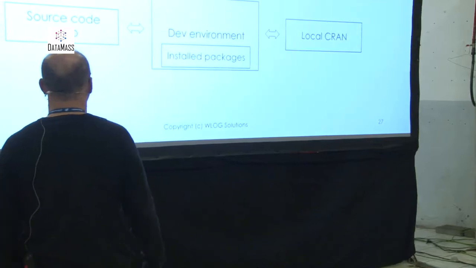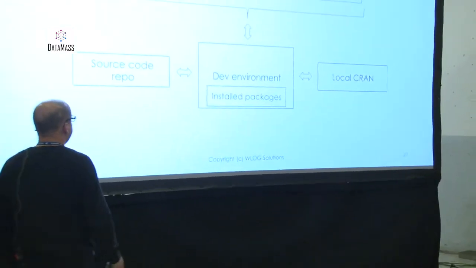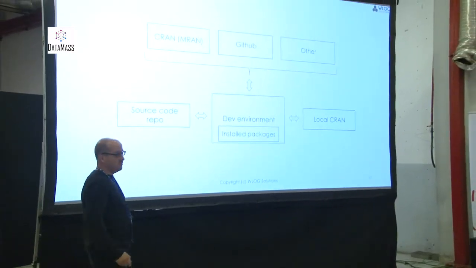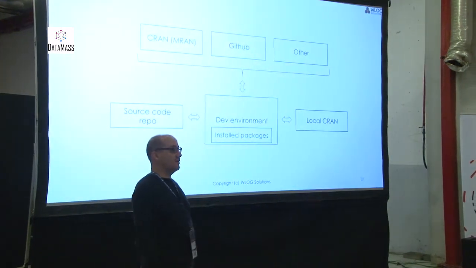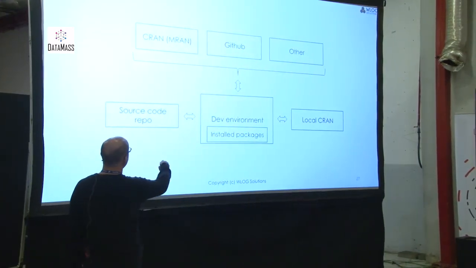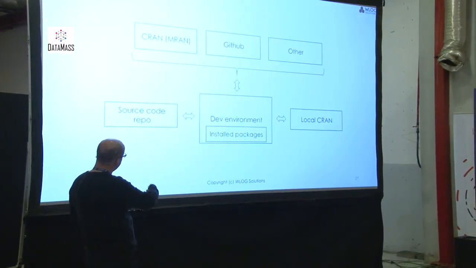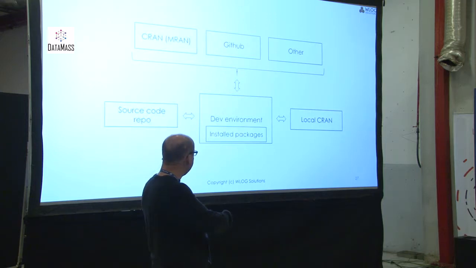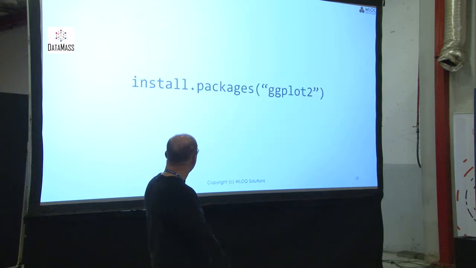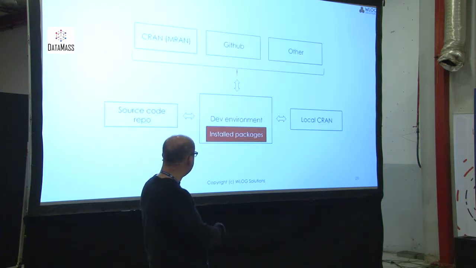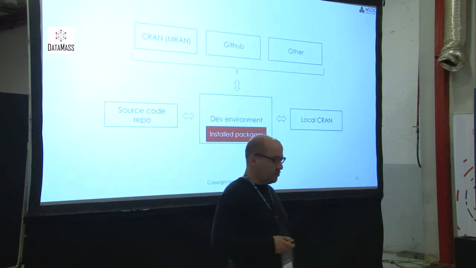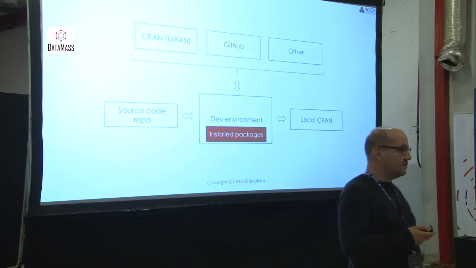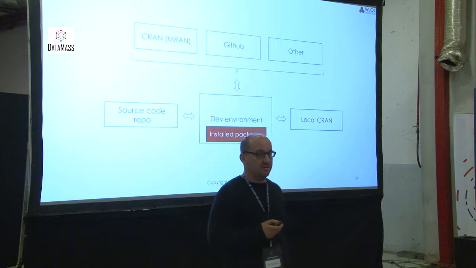Okay, so this is how a development environment looks in R. You have the sources of packages, your code, the environment, probably your local source of packages. And when you install a package like this, it's installed in one place. The problem is that in R, you cannot install two versions of one package in one place.